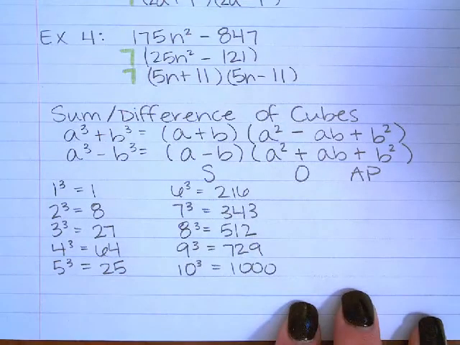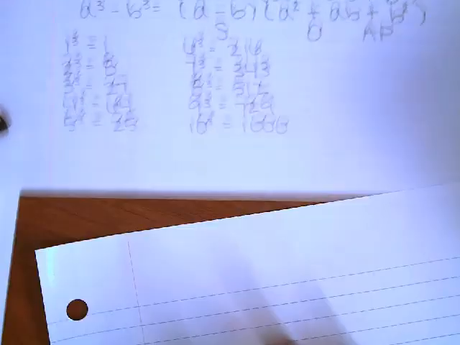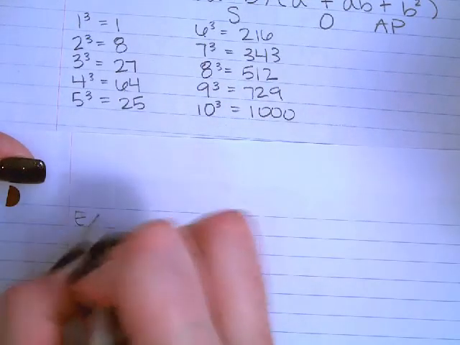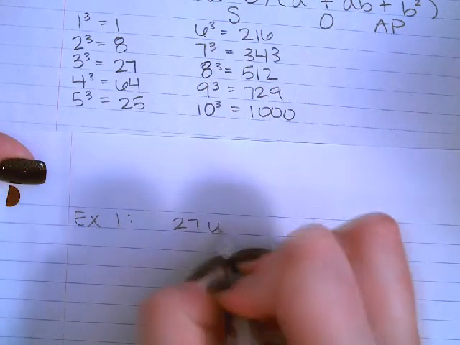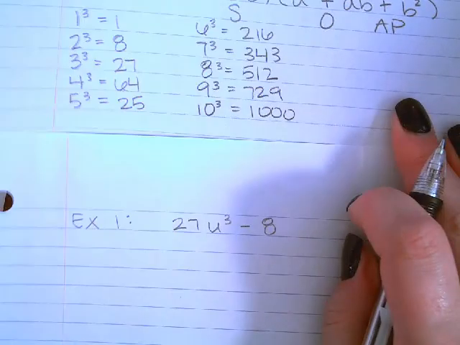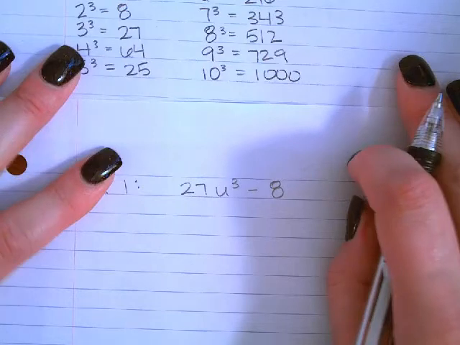Okay. So to do these problems, the first thing we have to do is kind of break the numbers down. So here's my first example. I'm going to say 27u to the third minus 8. And to start this problem, I want to rewrite each of those numbers so I know what my a is and I know what my b is.